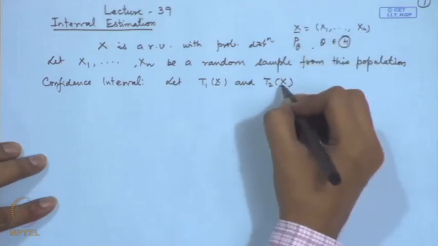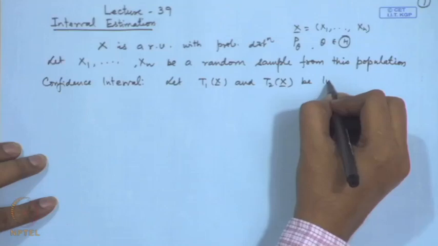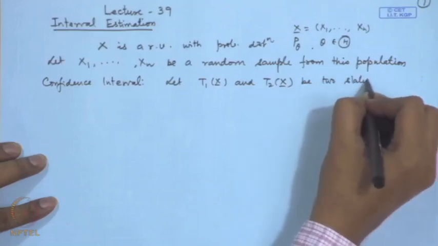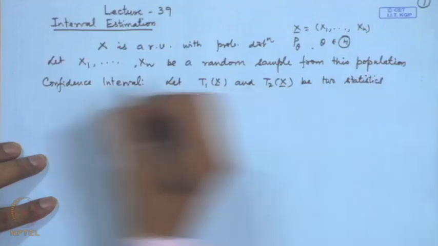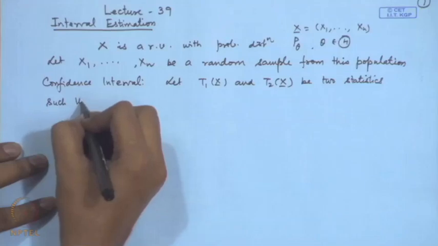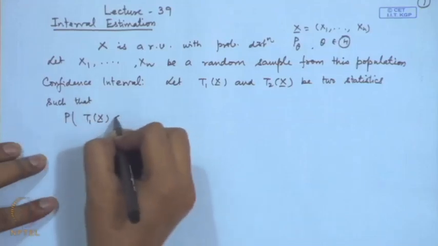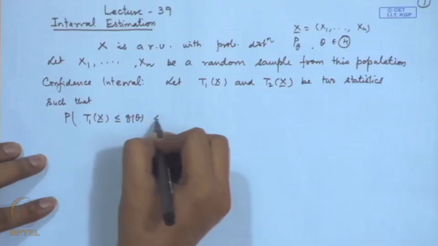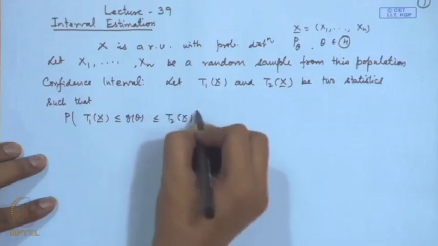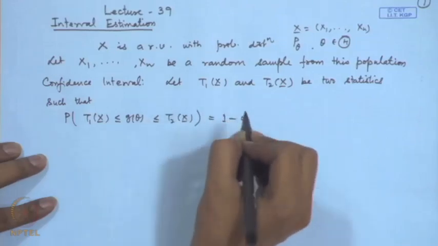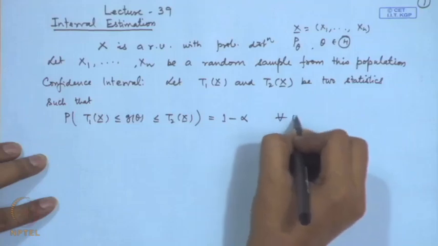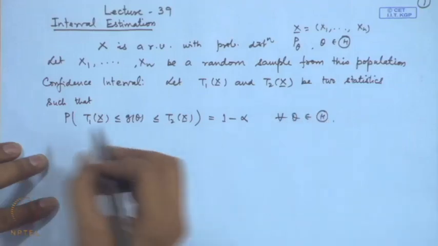Let T1(X) and T2(X) be two statistics such that the probability of T1(X) less than or equal to g(theta) less than or equal to T2(X) is equal to 1 minus alpha for all theta belonging to the parameter space.